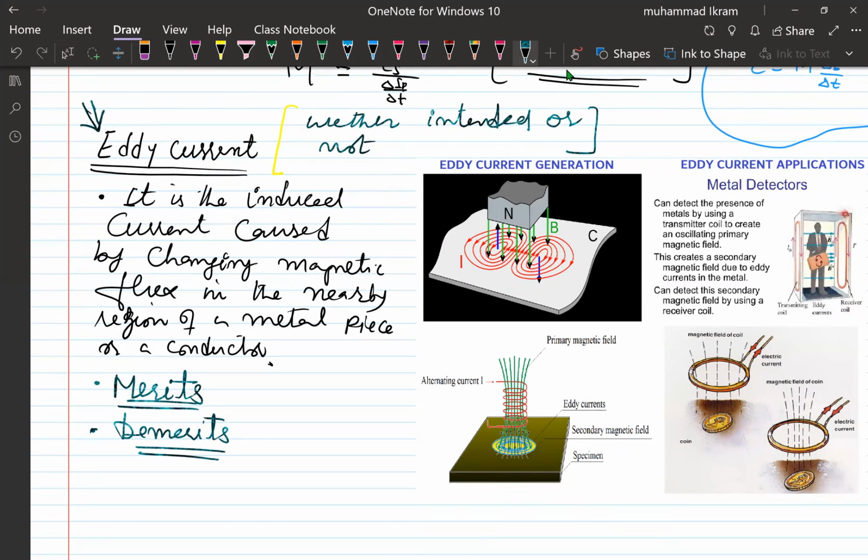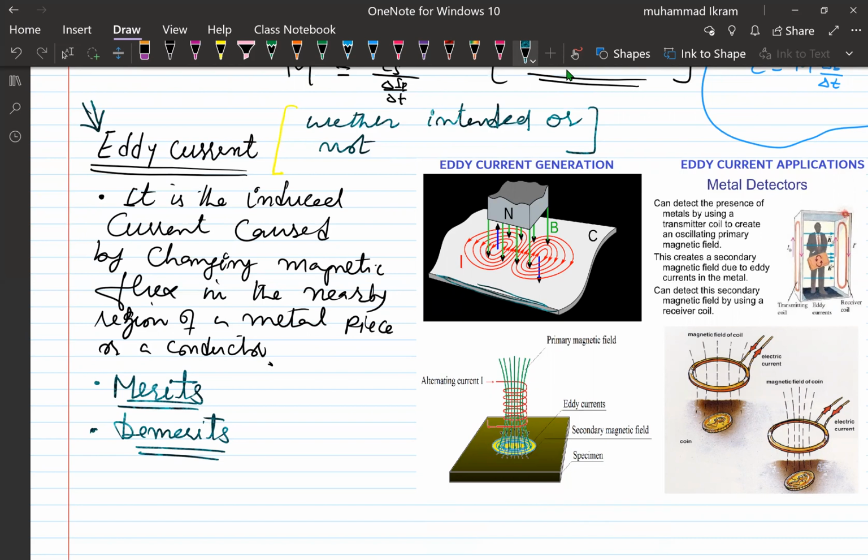For example, look, if this is a metal sheet, and there is a changing magnetic flux, for example if the sheet moves across the magnetic field, or if the magnet is moving, then it will produce the induced current in this sheet, right?